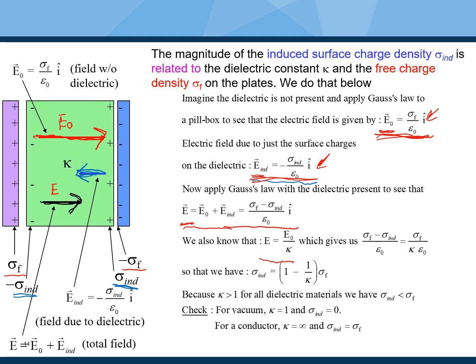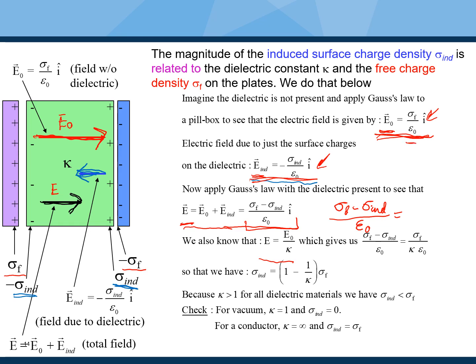The original electric field is E0, the final electric field after dielectric insertion is E, and kappa is greater than unity. Therefore, I can take the formula for E that I have developed out here, equal to sigma f minus sigma induced divided by epsilon naught, and that should be equal to E0 divided by kappa.